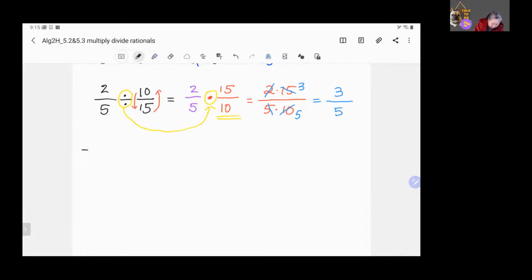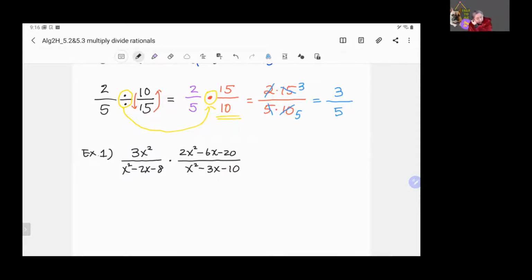Number one, now we have 3x squared over x squared minus 2x minus 8 multiplied by 2x squared minus 6x minus 20 over x squared minus 3x minus 10.